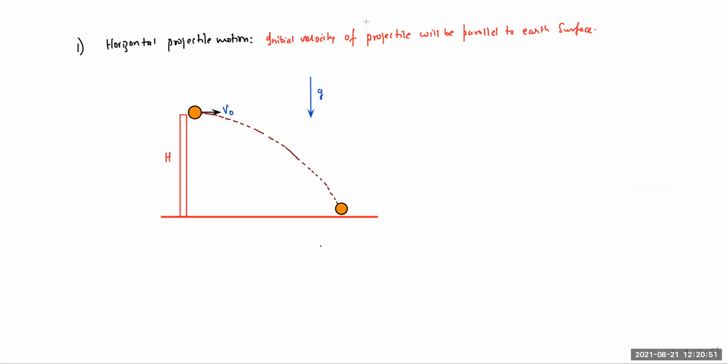So the idea is simple. Velocity is forward. Velocity is also downward. And what is interesting is that the velocity in the horizontal direction always remains the same. Why? Can you guess why? Inertia. Yes, inertia.